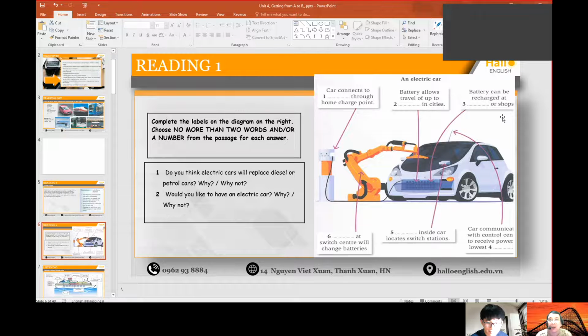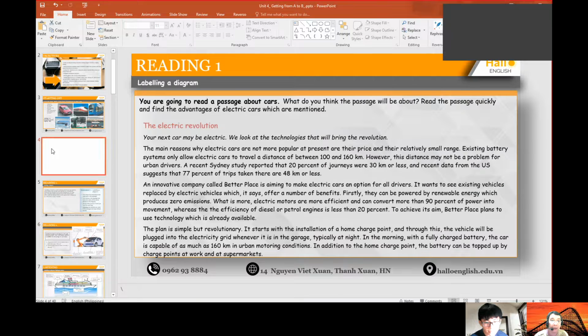Okay. Next, what about number three? Battery can be recharged at supermarkets or shops. Are you sure? Where did you find that? I think the last sentence of the last paragraph.